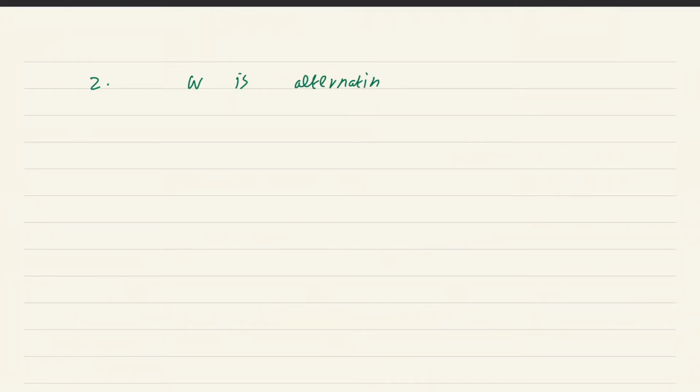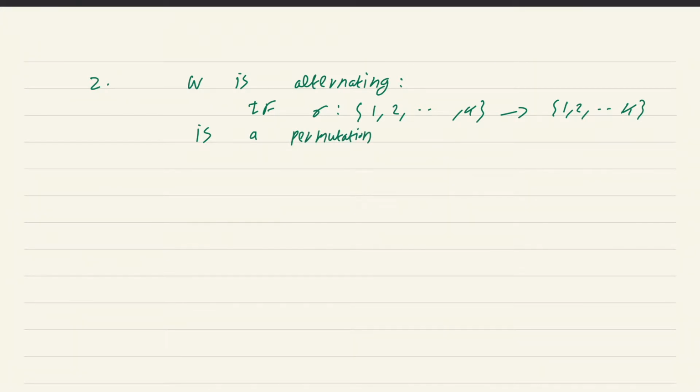What this means is, if sigma is a permutation of the first k natural numbers, then omega of v1 to vk is the same as the sign of sigma times omega of v sigma 1, ..., v sigma k.